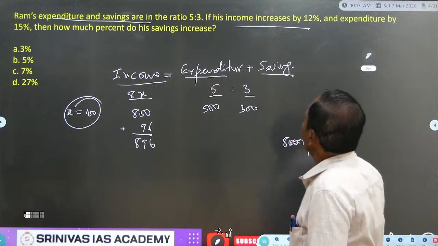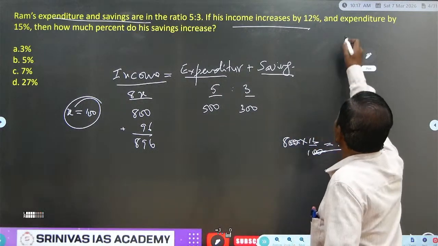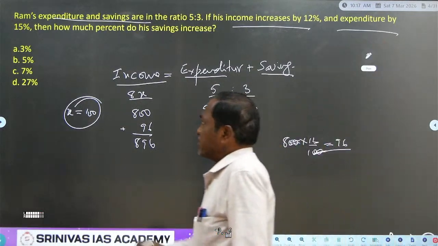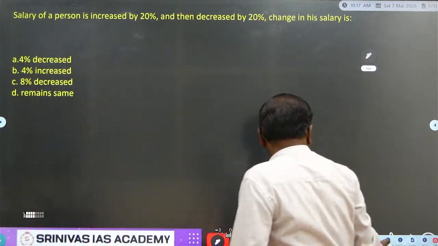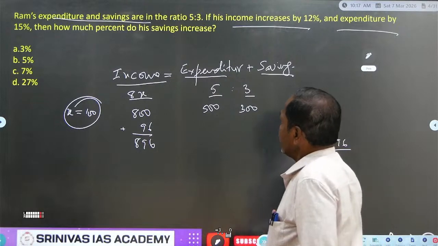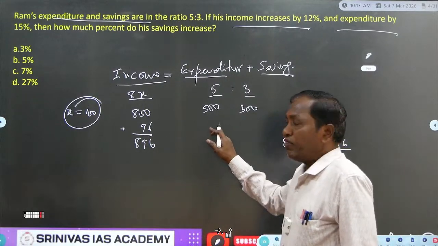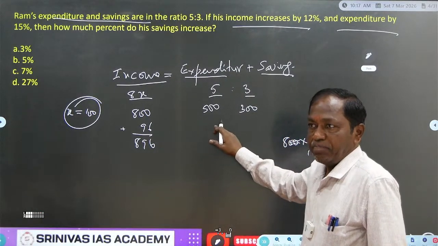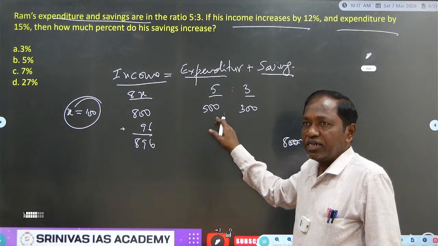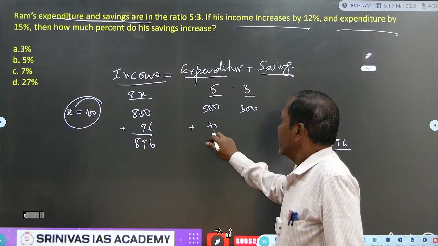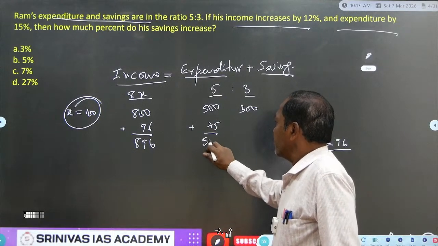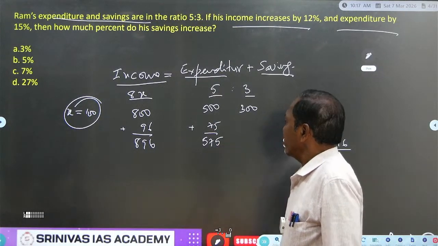Expenditure increases by 15%. 15% of 500: 2 zeros get cancelled, 15 into 5 is 75. The total becomes 575.